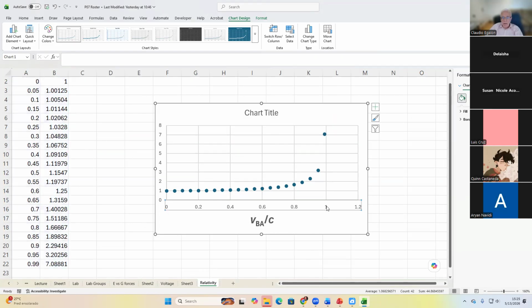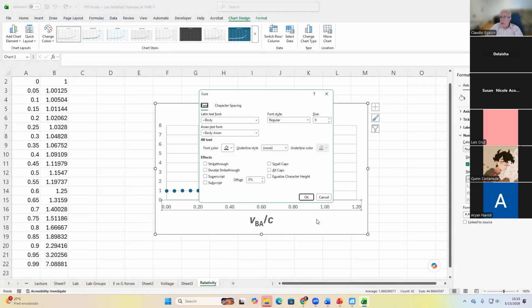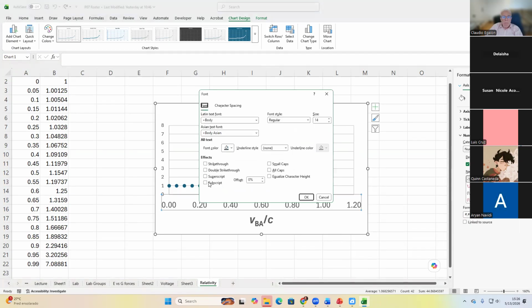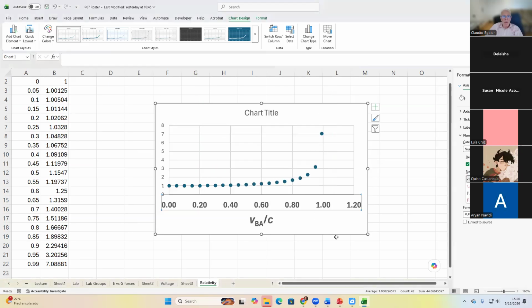I'm going to increase the number size here. Let's put it at 14, and I also want to make it boldface.